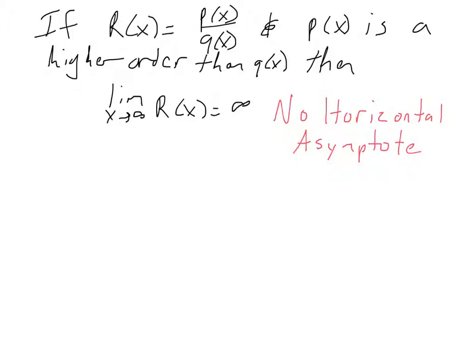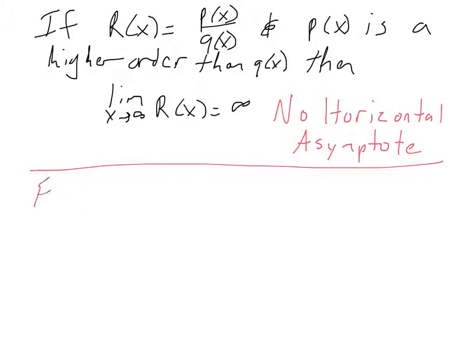However, that doesn't mean that we can't still look at the end behavior. There's no horizontal asymptote, but the horizontal asymptote is a type of end behavior, just like we talked about with polynomial functions. And so we have other possible end behaviors.